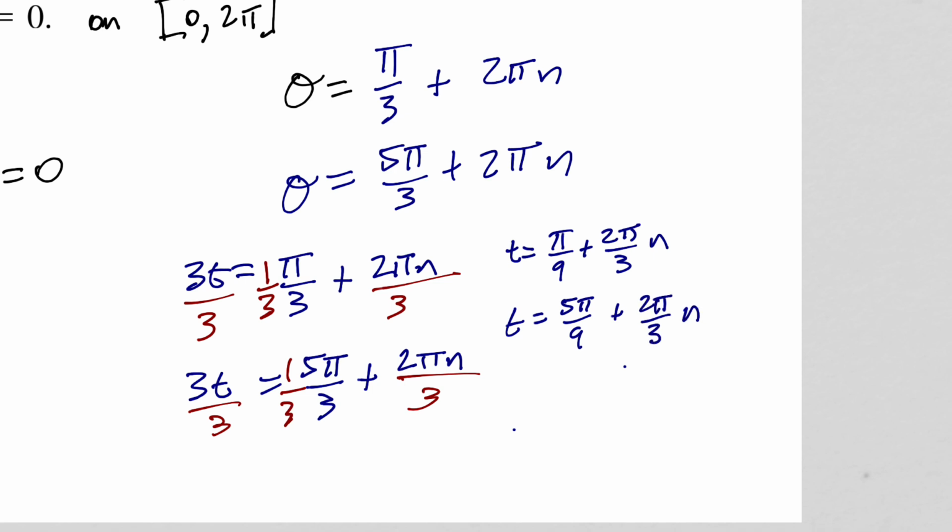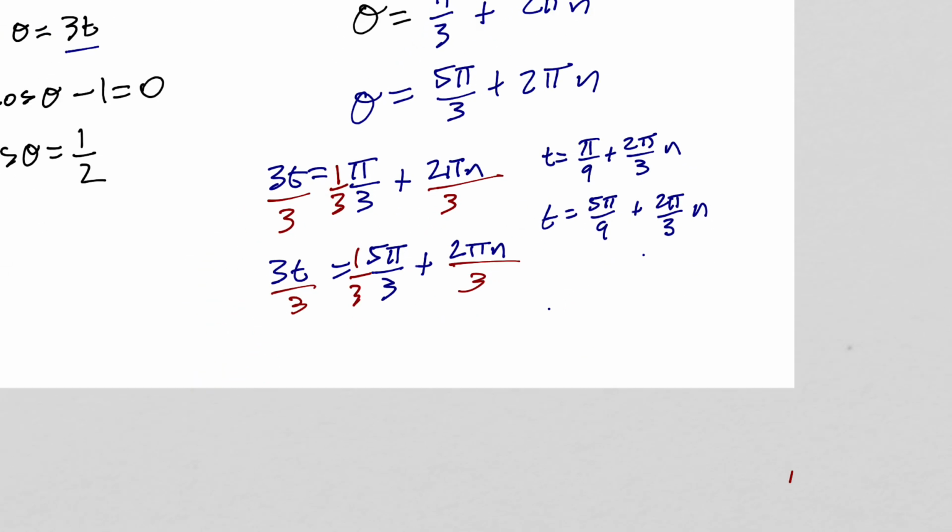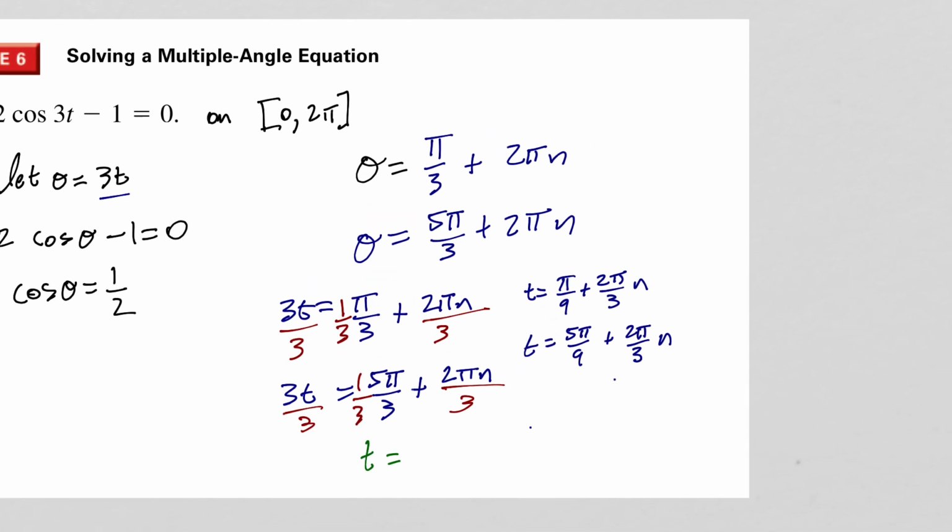All right, now I specified a domain for this one. So I want all values of t that are between 0 and 2 pi. Remember, n has to be an integer. Integers are whole numbers, negative and positive. But I'm only looking for between 0 and 2 pi, so I'm going to start with 0. We're going to plug in 0 for n in the t one.